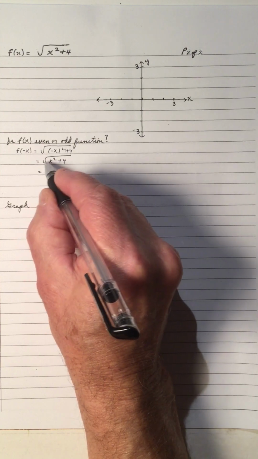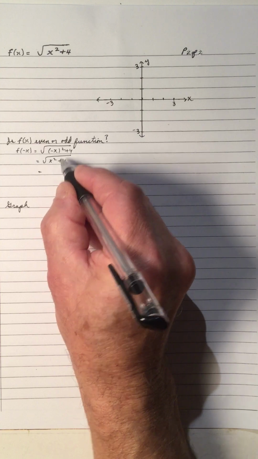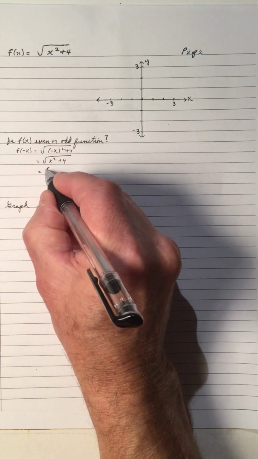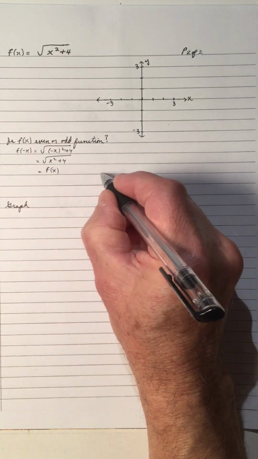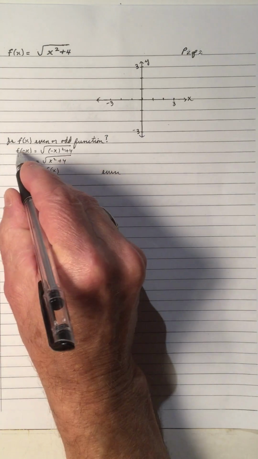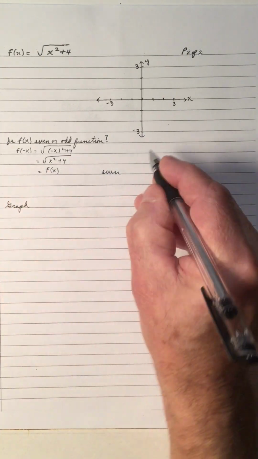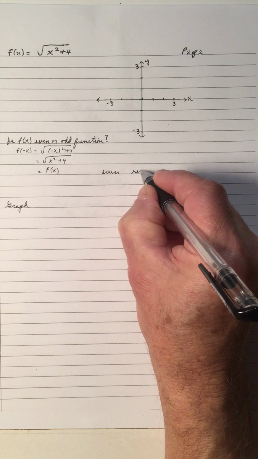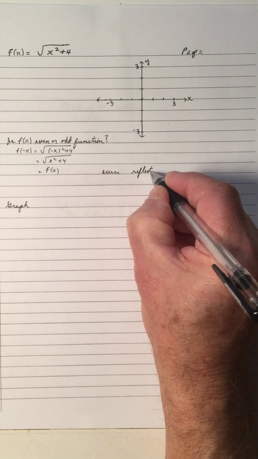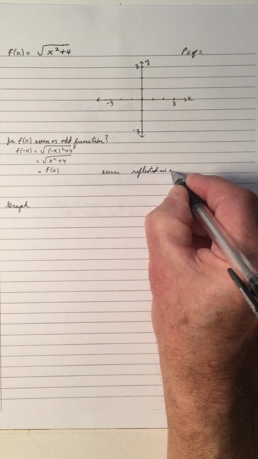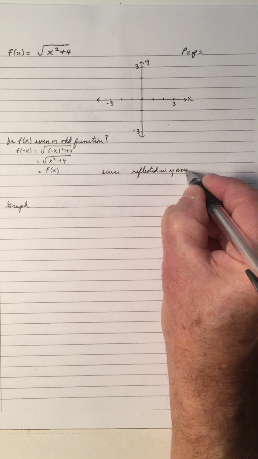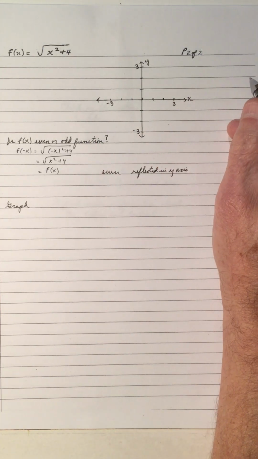And this square root of x squared plus 4 is the same as here. So that's the f of x. So that means, because the f of negative x is equal to the f of x, it's even, and hence it's reflected in the y-axis, and we'll explain that after we draw our graph.